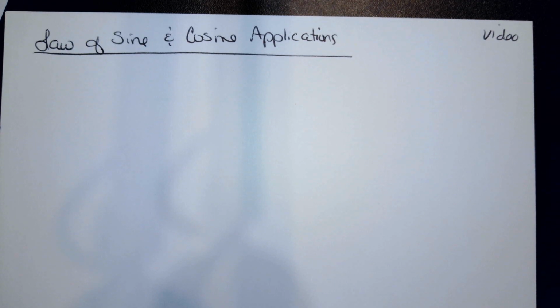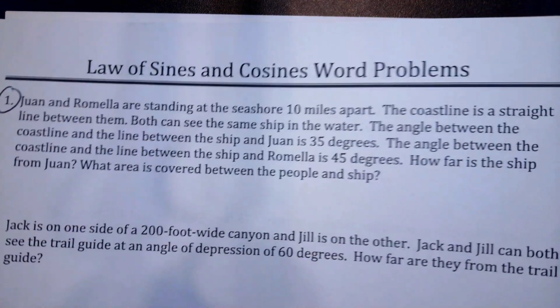Well, today we're actually going to use the law of sine or the law of cosine to solve some word problems. So you should have in your hand a worksheet that has your examples already typed up for you.